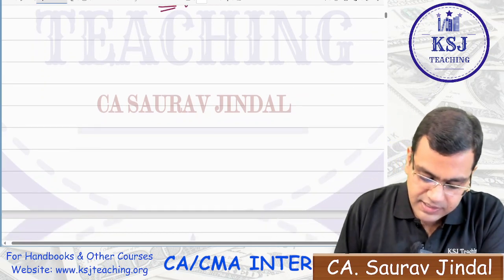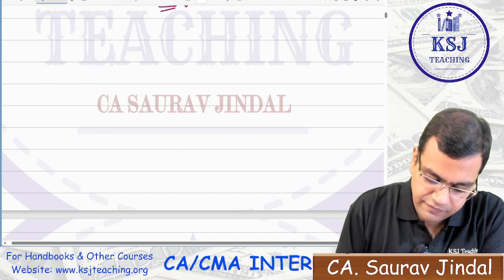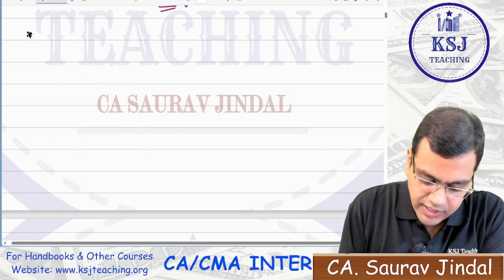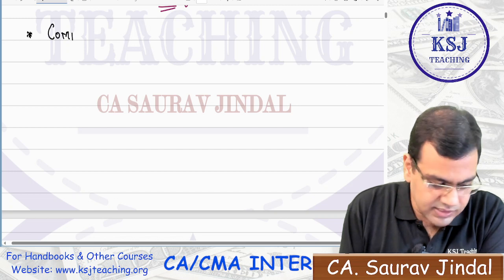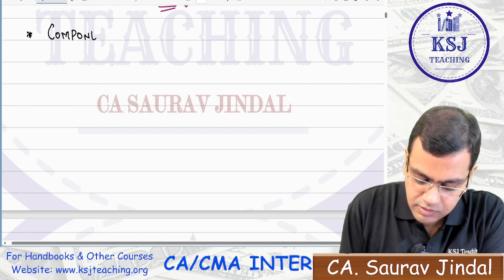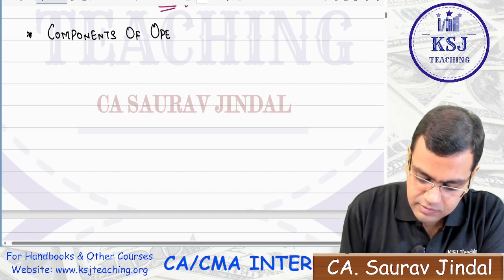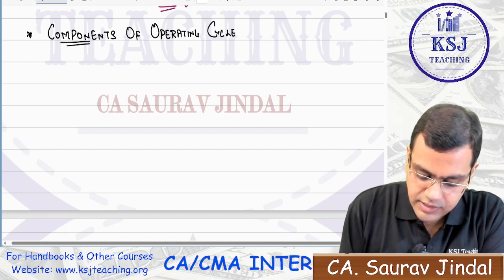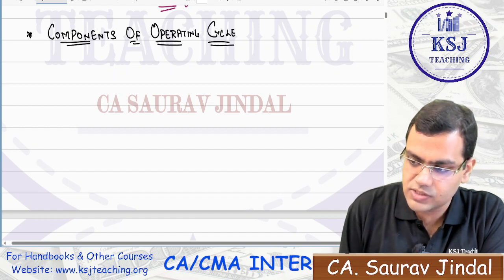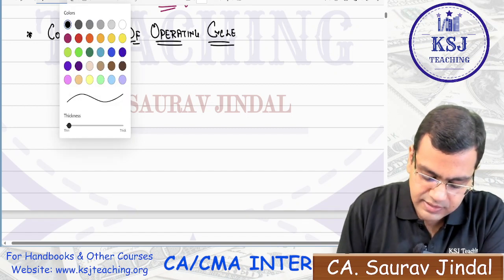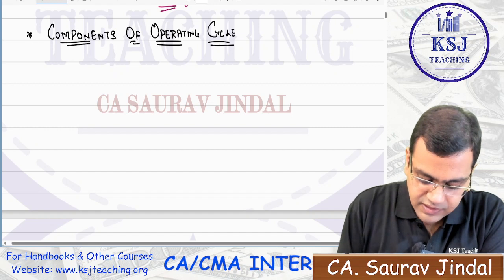So the next topic is the components of the operating cycle. From here itself, we are going to frame what the various components of the operating cycle are, right? So what are going to be the various components of the operating cycle? The first is P1.